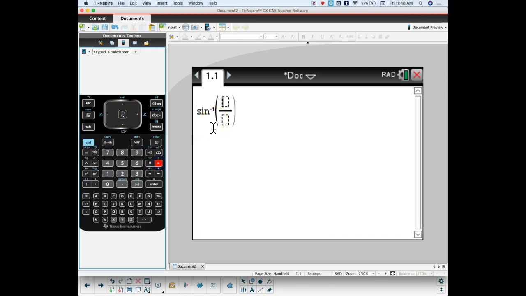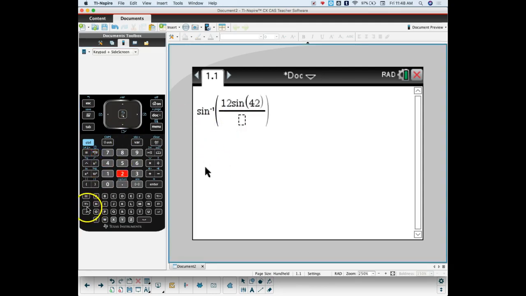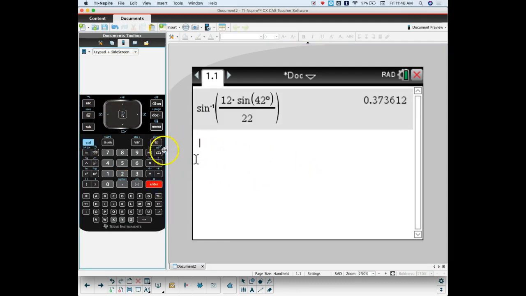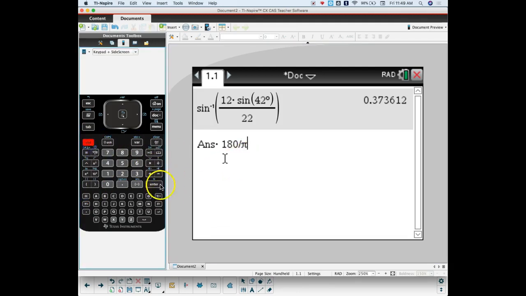Inverse sine of, what did we say? 12 sines of 42 degrees divided by 22. But again, that for me is in radians, so I have to convert it into degrees. So I get 21.4064.